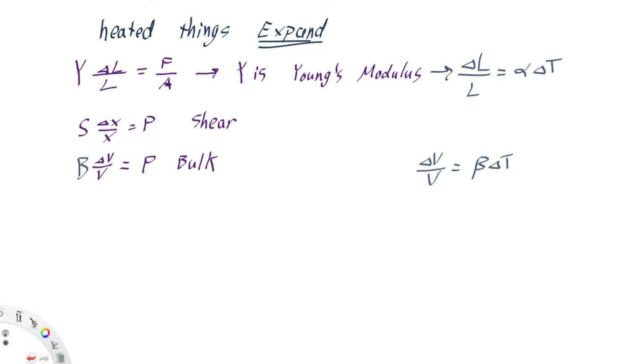There are mathematical reasons why we can get away with writing down a linear relationship like this. As long as we're not heating it up too much, then the relationship is going to be approximately linear.